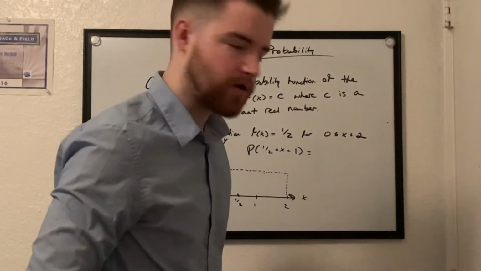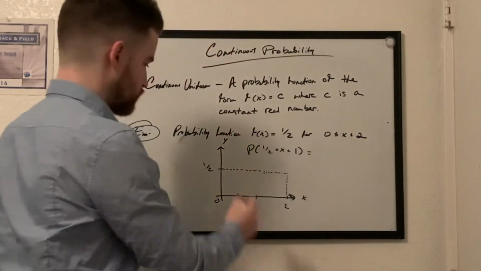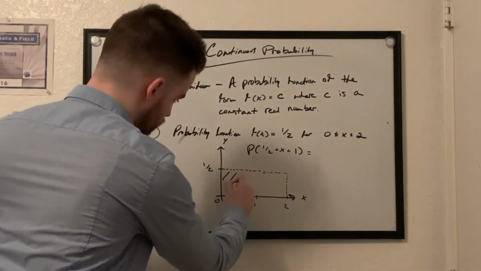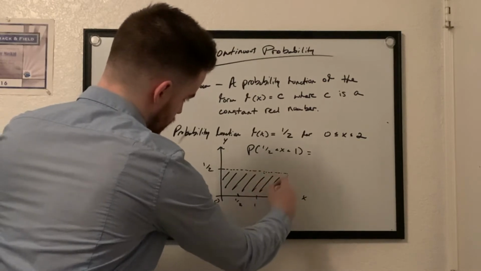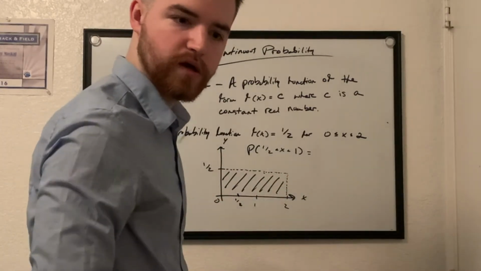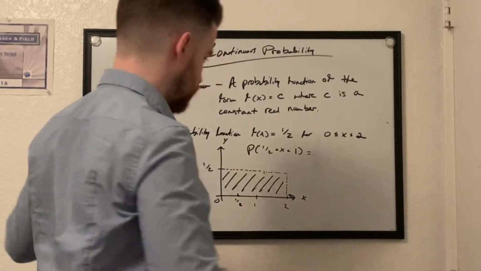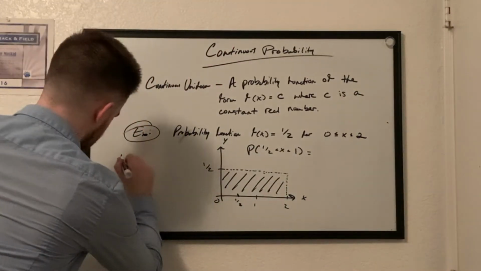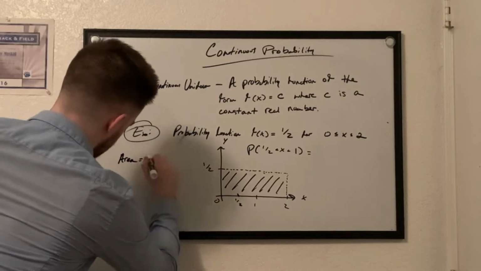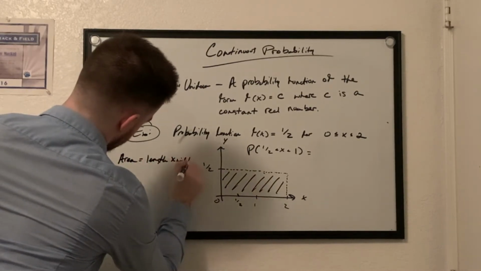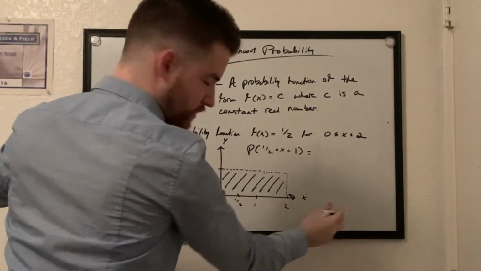Like the law of total probability, the total area sums to 1. You can just use the formula for the area of a rectangle, which is length times width. Our length here is 2.